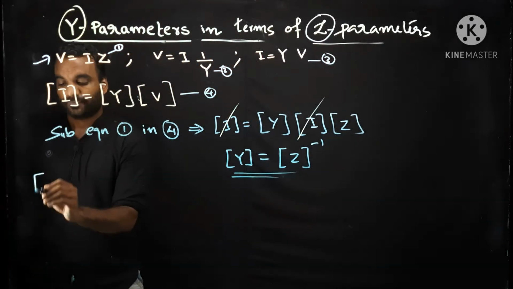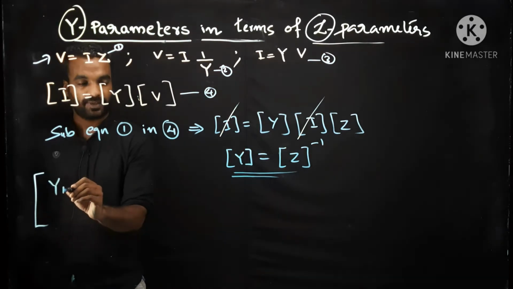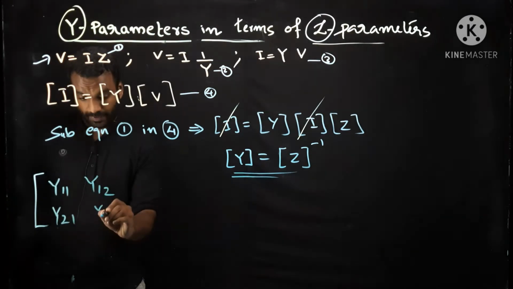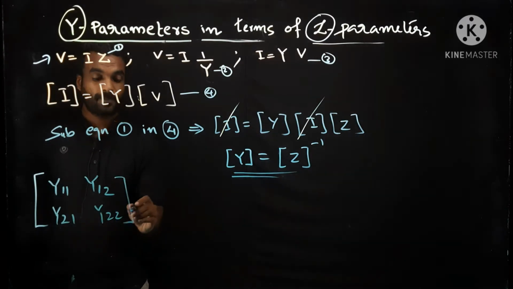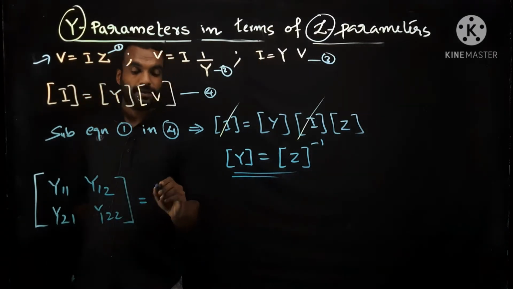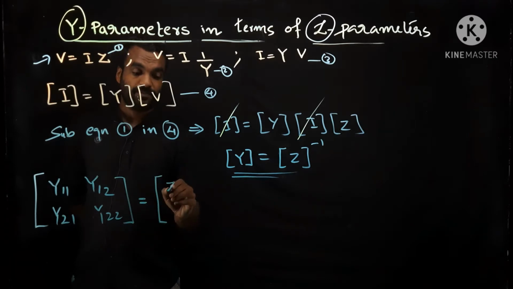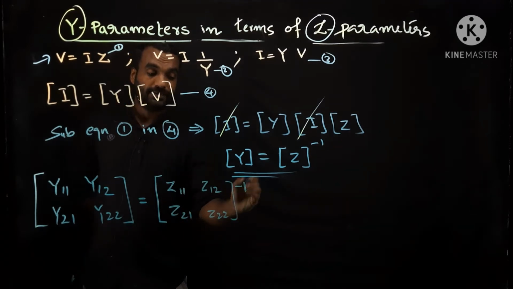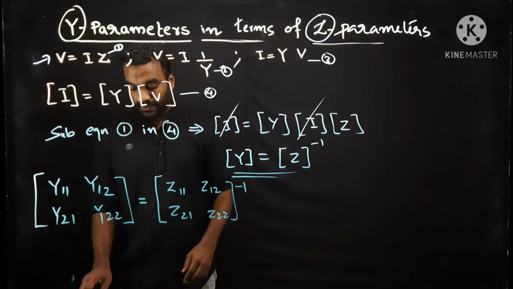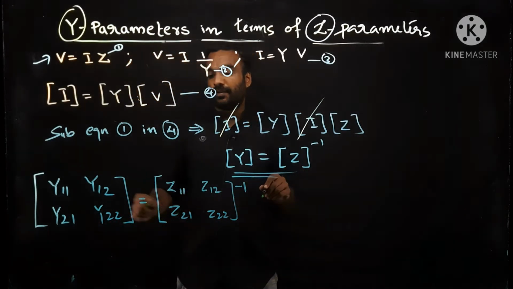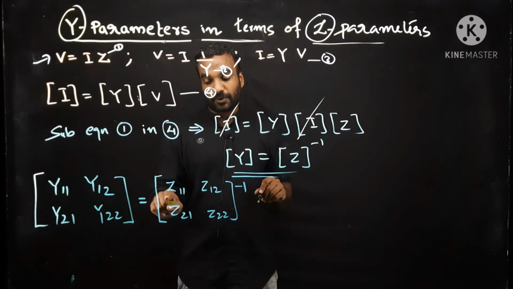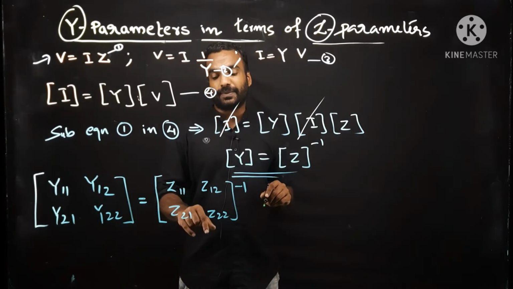Suppose this is the Y matrix, Y11, Y12, Y21 and Y22. And what is Z inverse? You have to write the Z matrix, Z11, Z12, Z21, Z22, inverse. Now, please tell, Y11 is the corresponding element that appears in the inverse matrix.